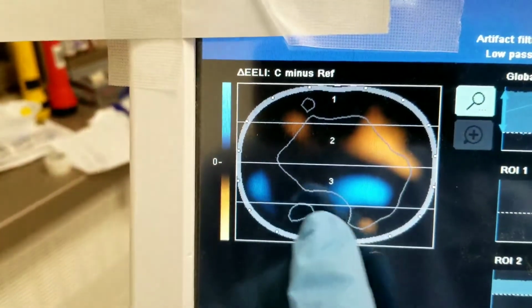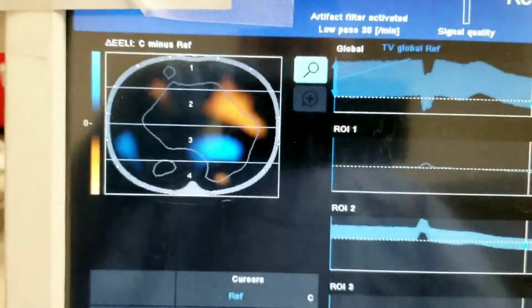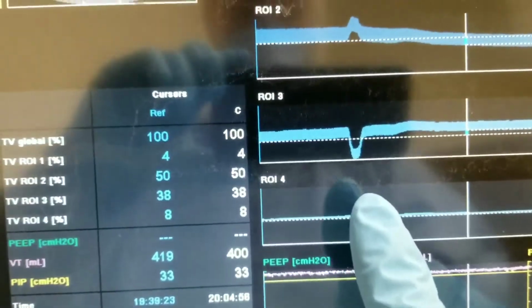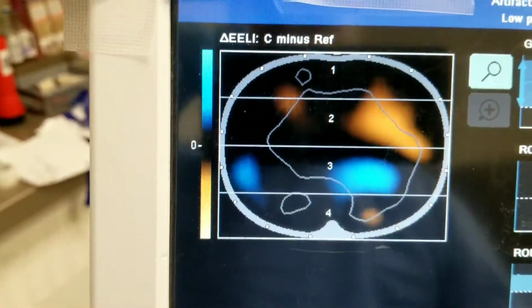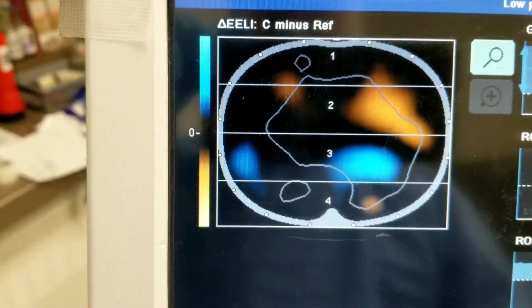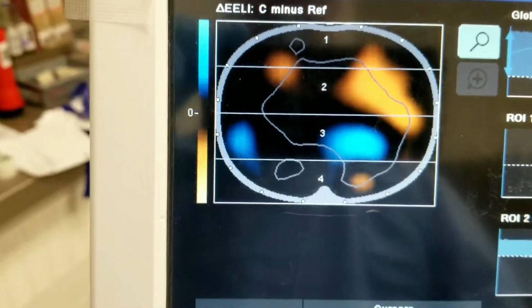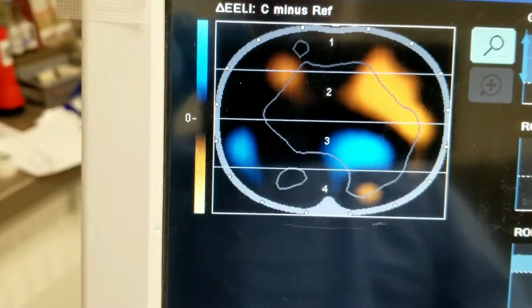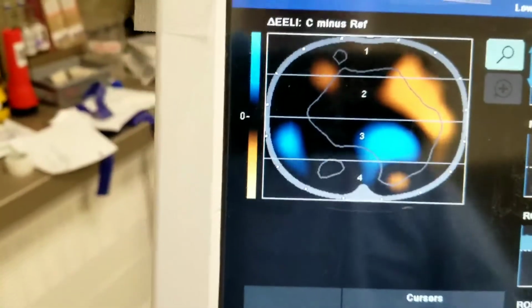So this lady was well recruited, okay, because don't forget she had a normal 8% at the region 4. But what's happening, it's telling me that when we're at 34, we were actually, yeah, well recruited at the base, but we were probably starting to over distend because all that volume was being distributed previously.